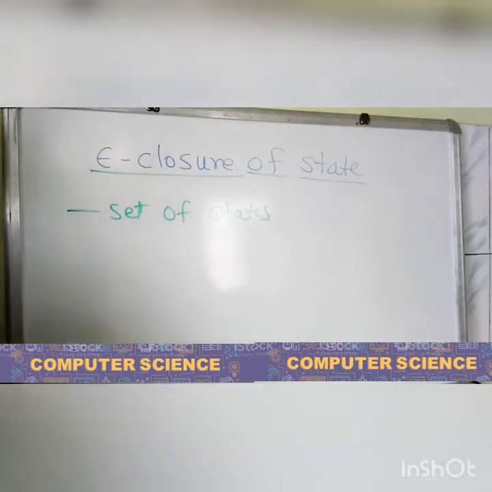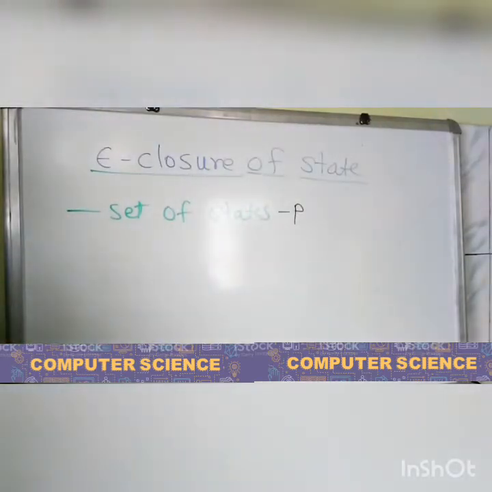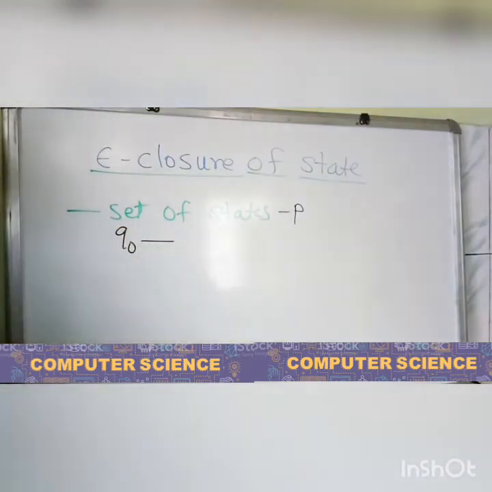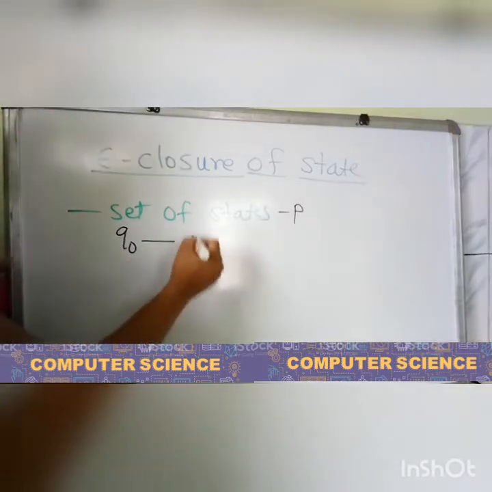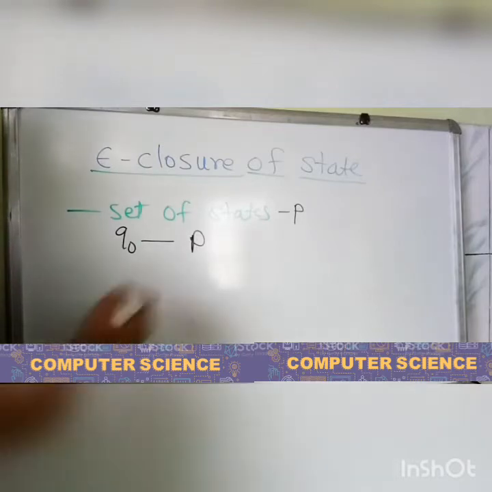Suppose we call them P, such that there is a path from Q0 to all the states of P, and the path is labeled by epsilon.